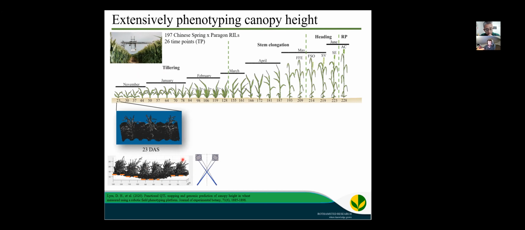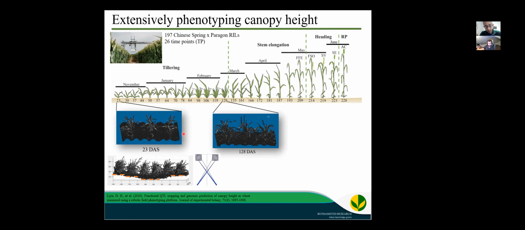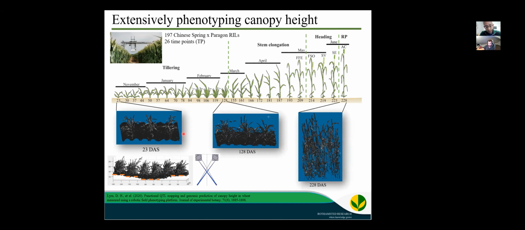I will not talk about this much, but it is in the publication's supplementary material if you want to know more about how this is done with 3D cameras. We have pictures at 23 days after sowing, 128, and 228 days after sowing. Sometimes it's quite messy. We had some problems of lodging at the end, but we still keep the information.